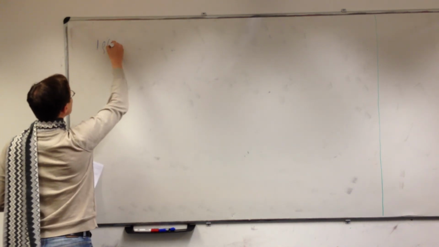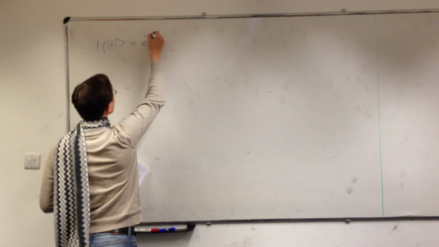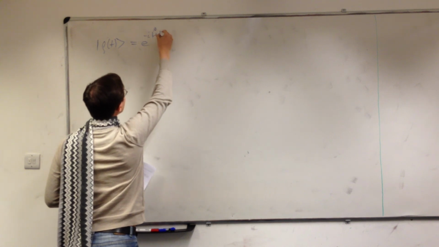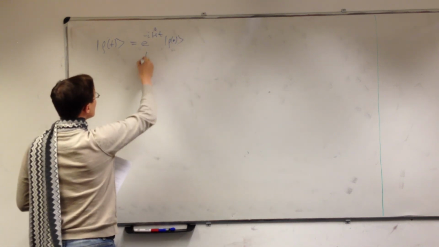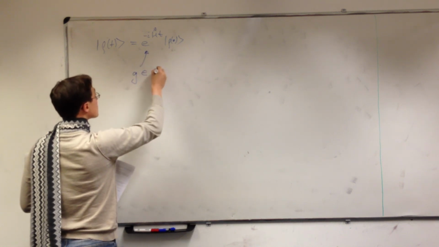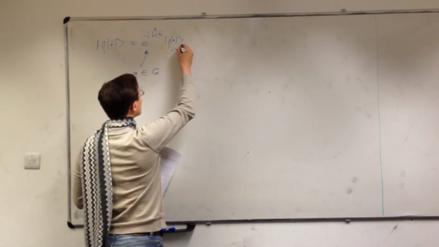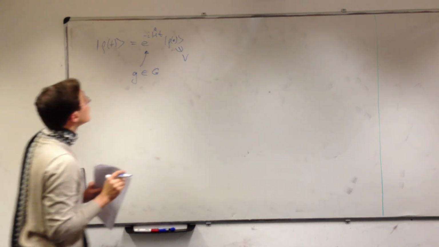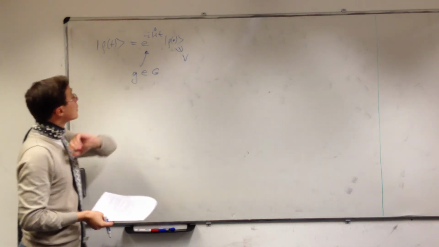I will remind you what a usual simulation consists of. It's exp(-i H t) rho 0. So this operator is our G belonging to the propagator group, and this is just some vector belonging to our state space. Let's call it V. So the element of a group acts on this vector.